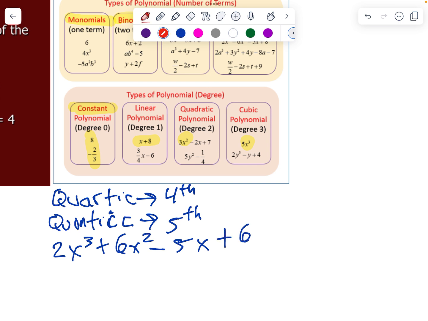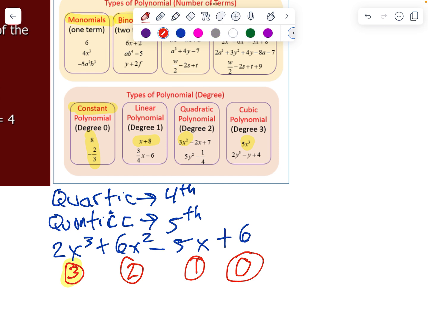Notice my first term has a degree of 3. My second term has a degree of 2. My third term has a degree of 1. And my last term has a degree of 0. I don't add those. I just pick the biggest one.